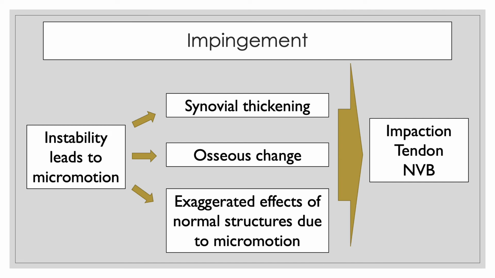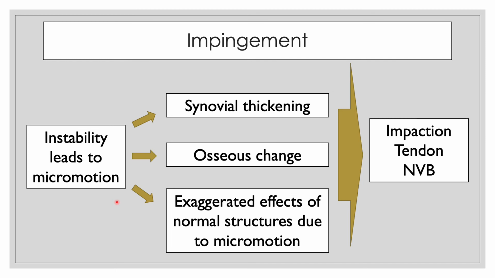The next phenomenon that becomes important in patients with chronic ankle instability is impingement. Whenever you have instability, or the ligaments aren't doing their work and you're loading them, there is micromotion or sometimes macromotion at these joints, and this can result in synovial thickening. So the joint reacts, the synovium gets pulled, and you get synovial thickening.